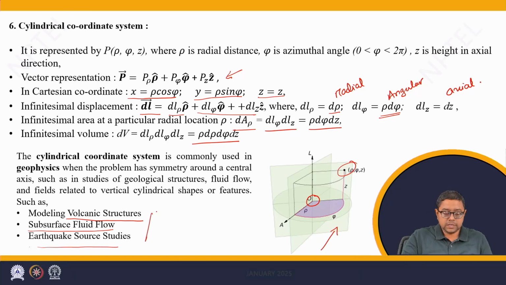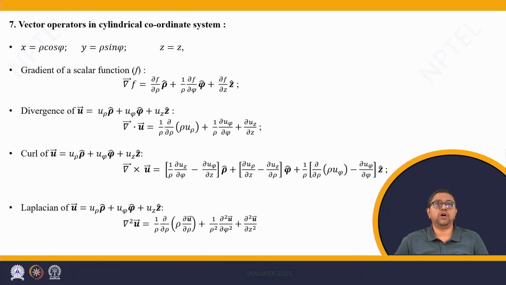So these applications in some way or other have a geometrical resemblance to a cylinder or are dominated by the cylindrical geometry of the occurrences. Thus, these geophysical aspects are more suitable for a representation in cylindrical coordinate systems. The corresponding vector operators in cylindrical coordinate system are shown below.